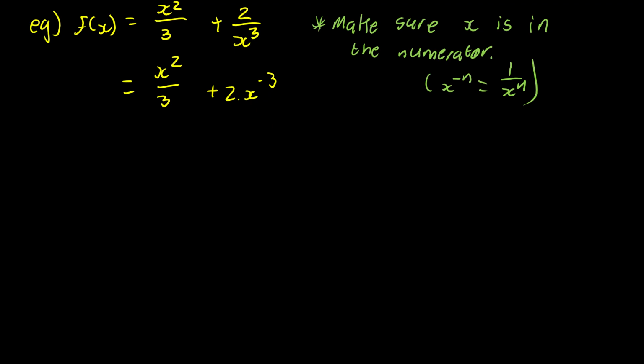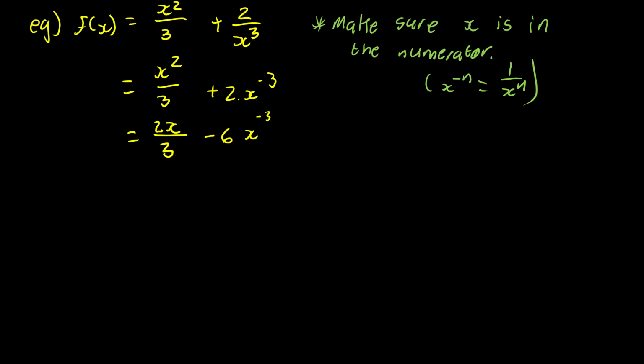Now from there, all of our x's are in the numerators, and now we can find the derivative. We're going to take this 2 multiplied with the coefficient in front of the x, so it becomes 2x. We subtract the 1 from the exponent, so it's just 2x over 3. For this one, we are going to say minus 3 times 2. It's going to give me minus 6x to the power of negative 3 minus 1.